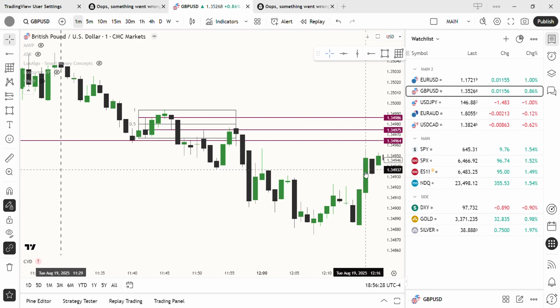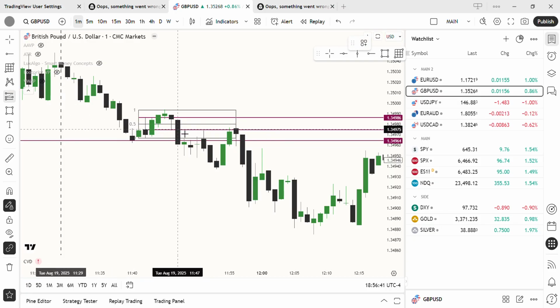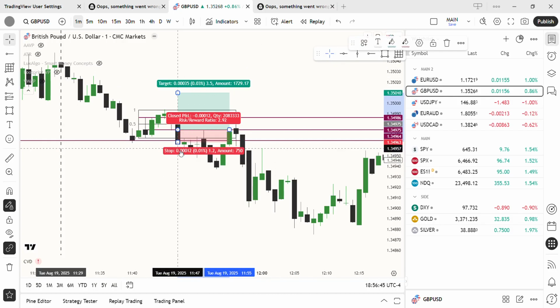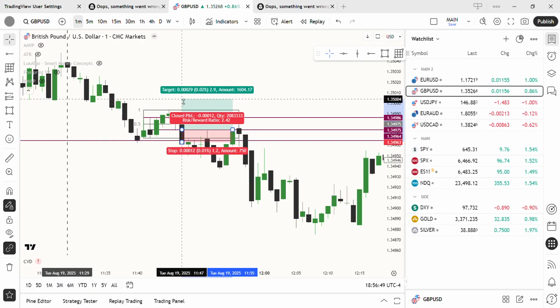Okay, what kind of setup is this? Class B setup. Okay, we closed above, broke structure with a close, came down, touched equilibrium, filled my order block, and what happens? Stops at the bottom of this wick. Target, first one at these highs here.